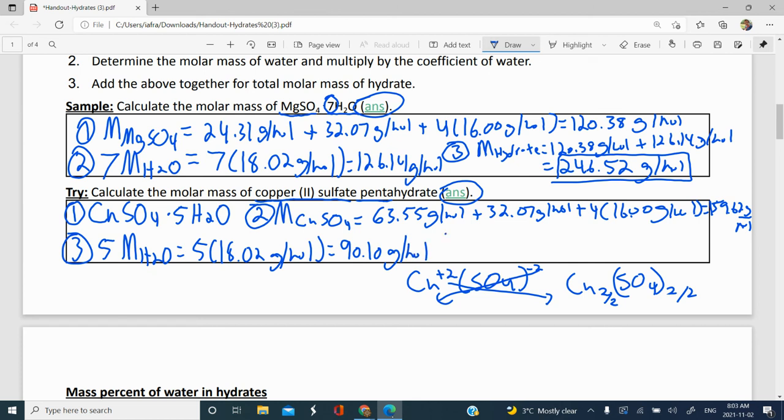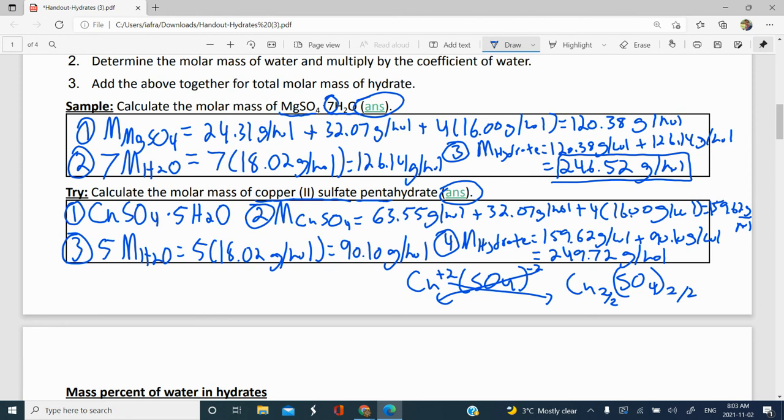Now we can add the 2 molar masses together. So the molar mass of the complete hydrate is equal to 159.62 grams per mole plus 90.10 grams per mole. And we get 249.72 grams per mole.